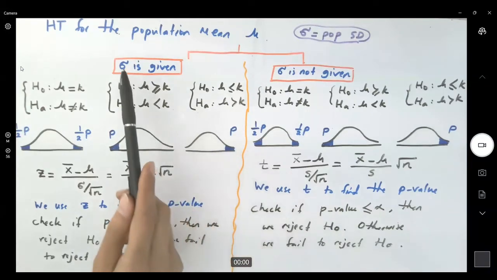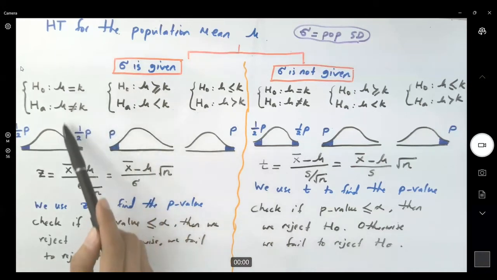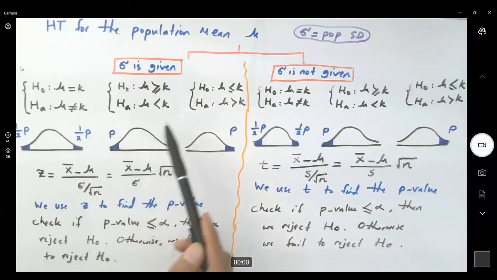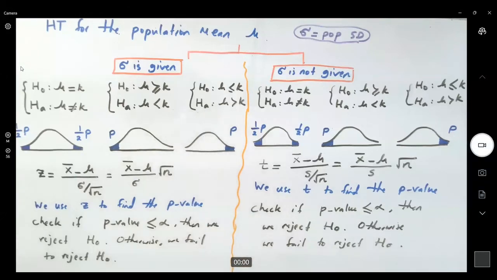So at the beginning, we check to see if sigma is given, then we write the appropriate null and alternative hypothesis for that question. In the next step, we need to calculate the z value. Z is the standardized test statistic: x bar minus mean divided by sigma over square root of n. Now, after calculating z, we use z to find the p-value, these little areas.